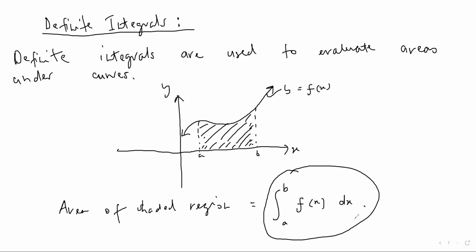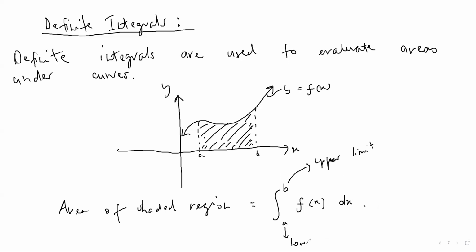This is called a definite integral. It's an integral that has limits. Now, b is called the upper limit of the integral, and the number a is called the lower limit of the integral.